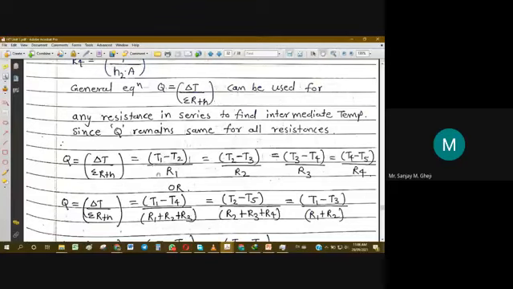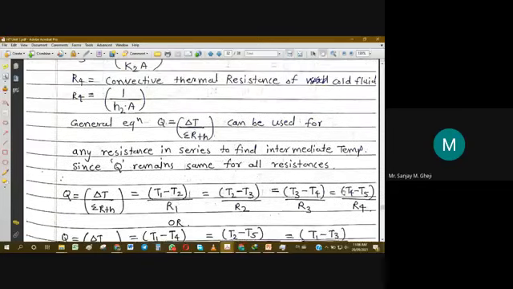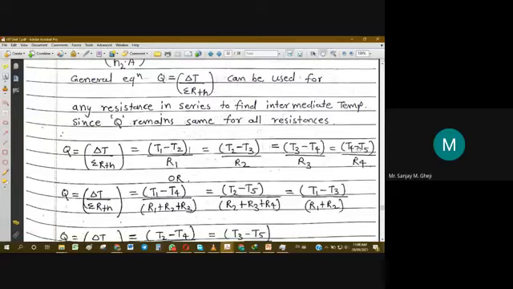So this is applicable for convective resistance. This quantity is applicable for the conductive resistance of plate 1. This is for second wall or second plate, and the last one is for convection to the outside fluid.